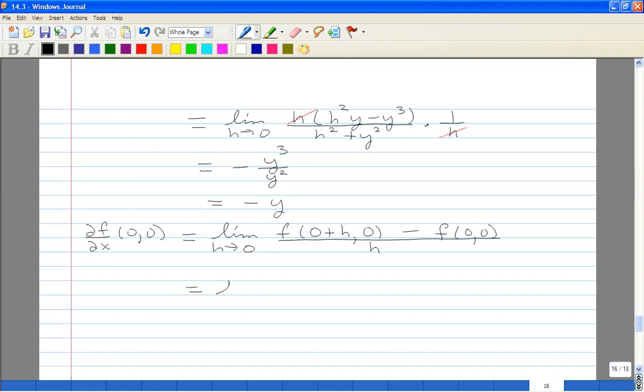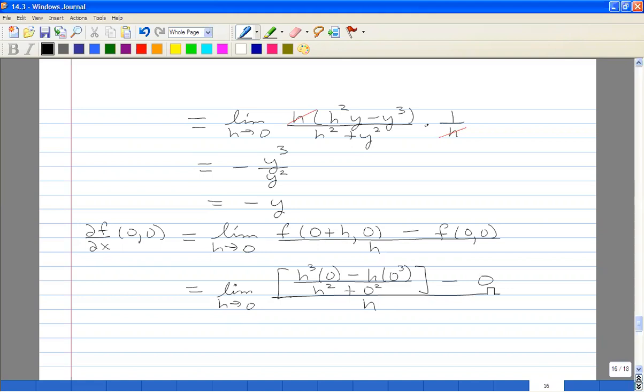So this is equal to the limit as h approaches 0 of h cubed times 0 minus h times 0 cubed over h squared plus 0 squared, minus f(0, 0) which is 0, over h.